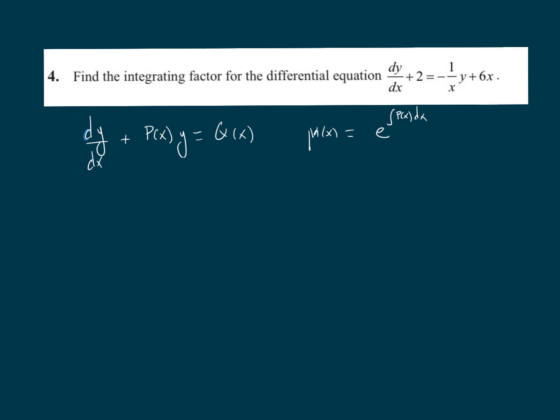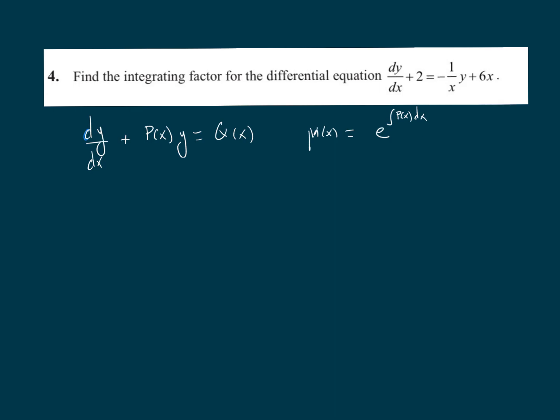So we have to find p of x. But the equation that they gave us, the derivative of y with respect to x plus (2 minus 1 divided by x)y plus x, is not written in standard form.